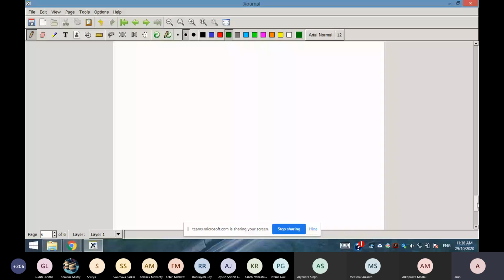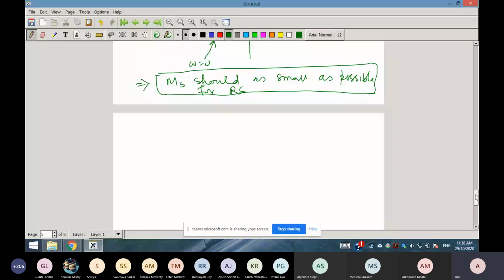So S is equal to 1 by 1 plus L. L has low pass behavior.